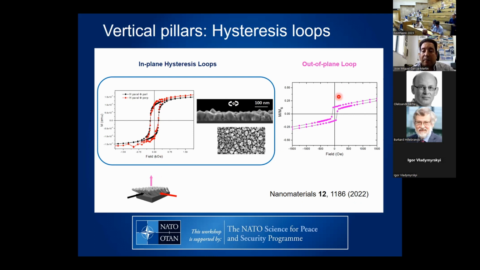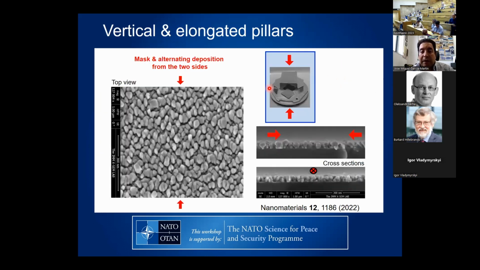Now we have higher remanence than in the case of the tilted nanopillars, which is coming from the vertical shape of the nanopillars. And we can do some funny things, for instance, using a collimating mask in the shape of a tunnel on top of the substrate while we were depositing. We alternate the deposition from one side of the tunnel and from the other side.